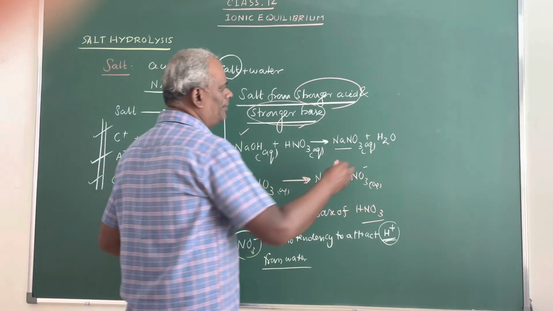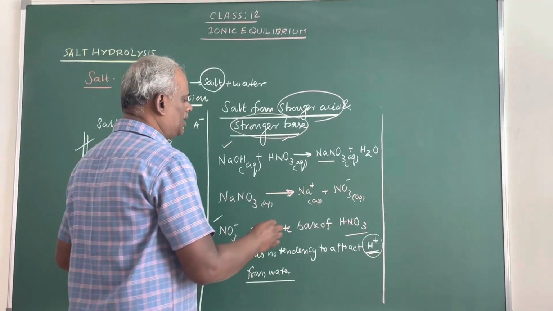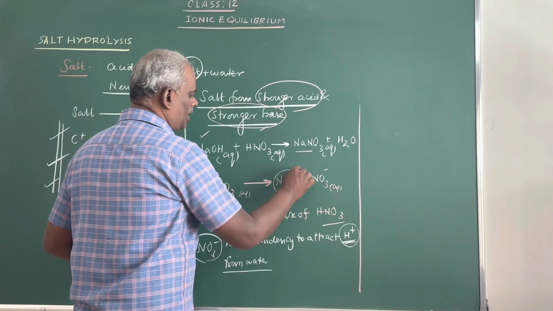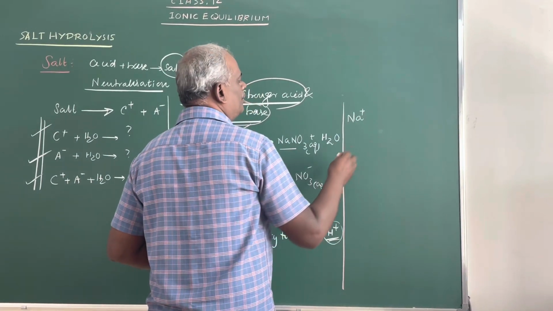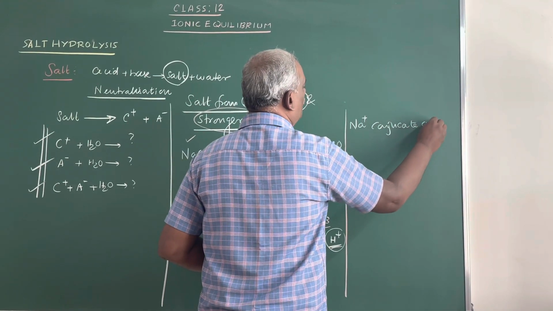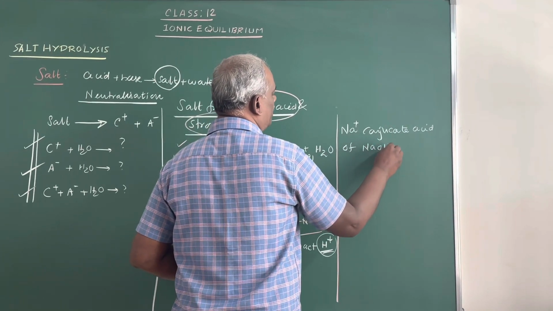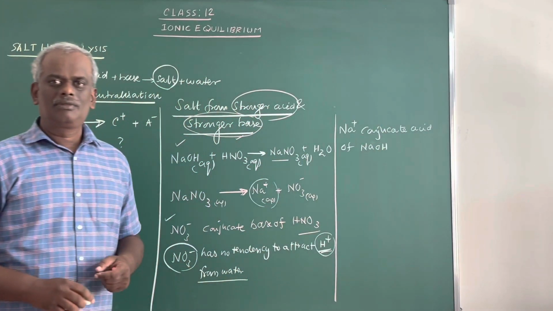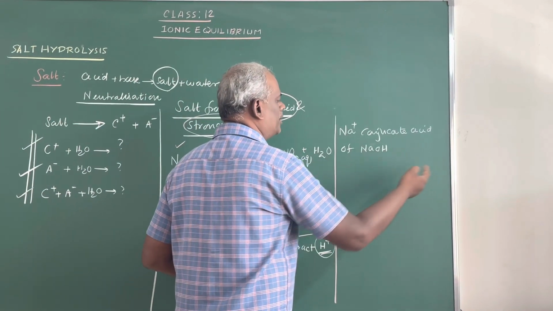Likewise, consider the other ion. What is the other ion of the salt? It is Na+. Na+ is the conjugate acid of NaOH, the stronger base. NaOH is dissociated to form Na+ and OH-.